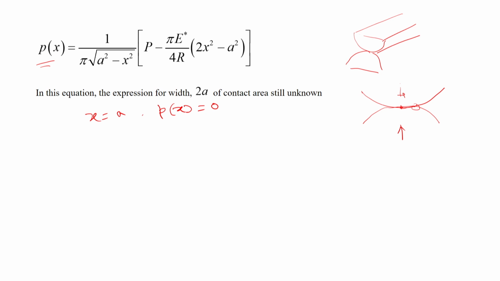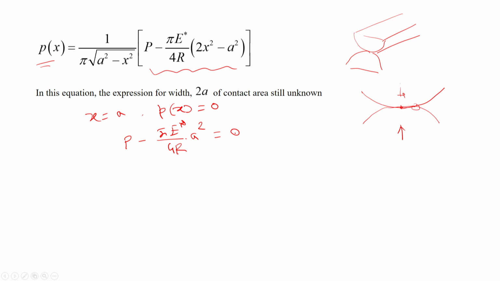If we consider that, we can get some idea of what A should be. So, capital P minus pi E star by 4r, at x equal to A, into 2a square minus a square, so it is a square, should be equal to 0 or greater than 0.